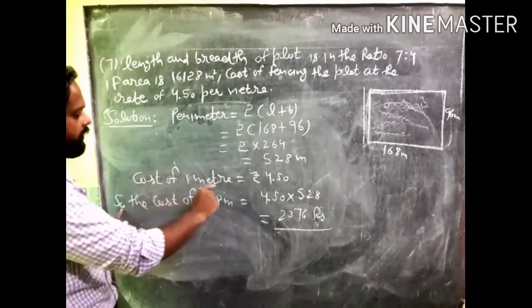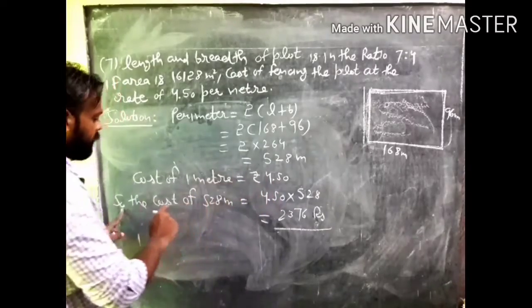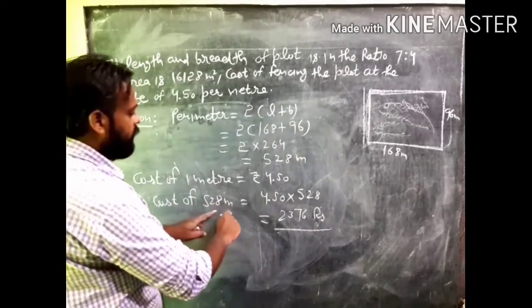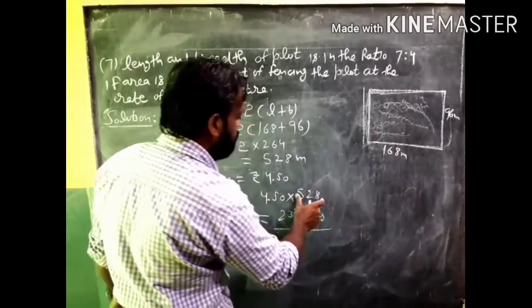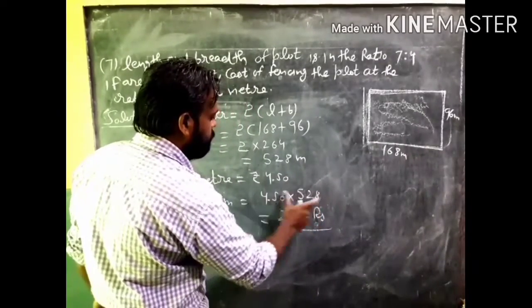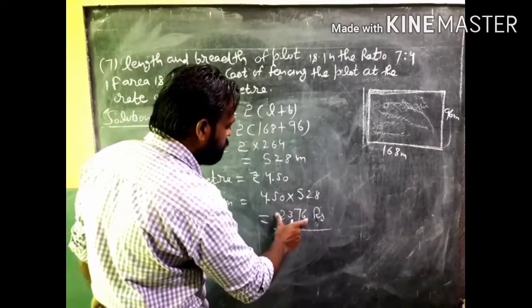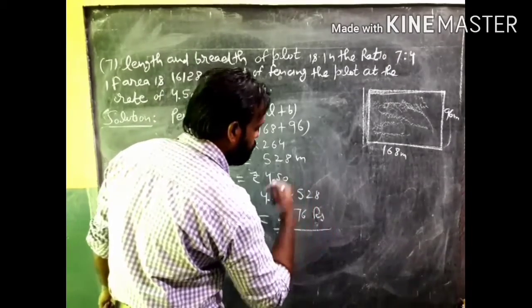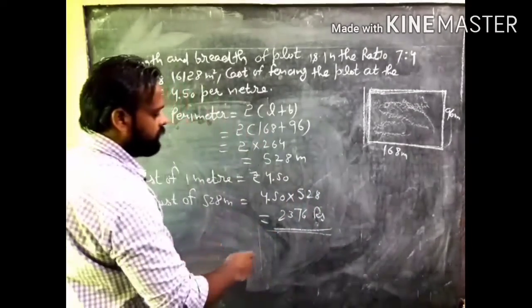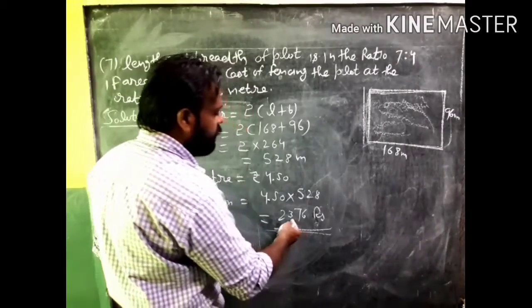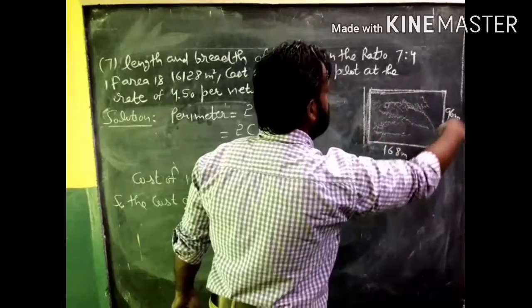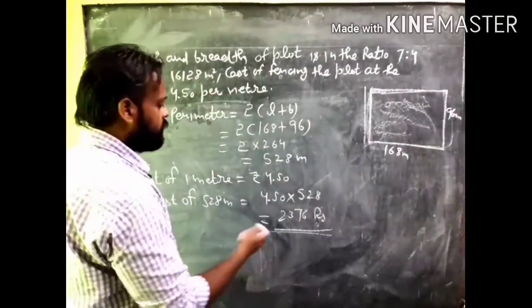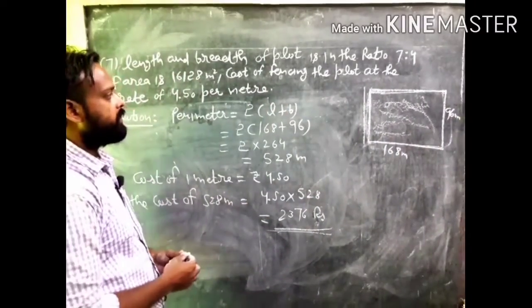If the cost of 1 meter is 4.50, then the cost of 528 meter is 4.50 multiplied by 528. After multiplication it will become 2376 rupees. So this is the total cost to fence this rectangular plot. So this is the sum. I hope this is clear to you.